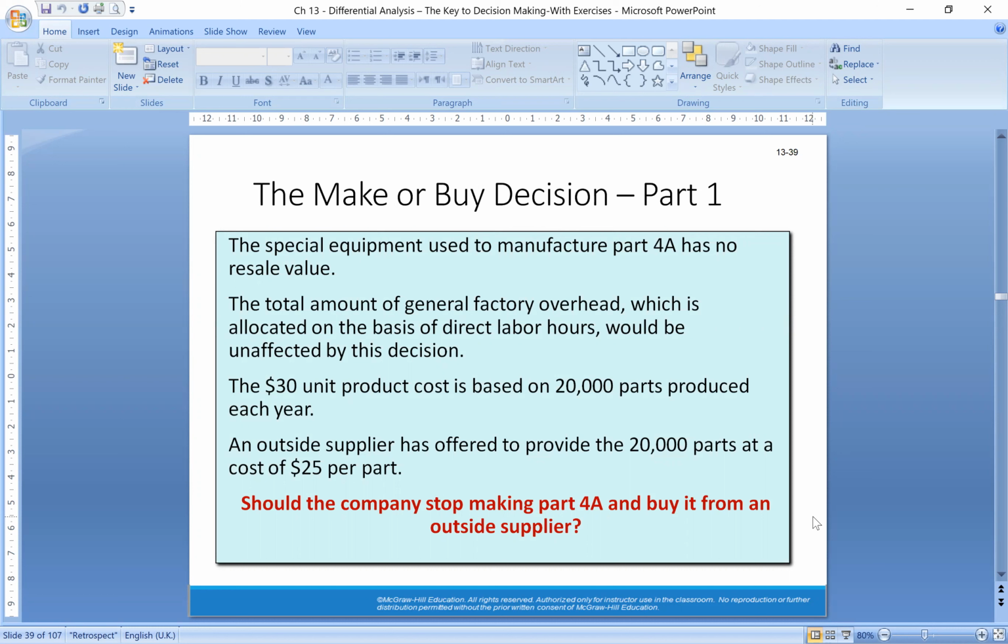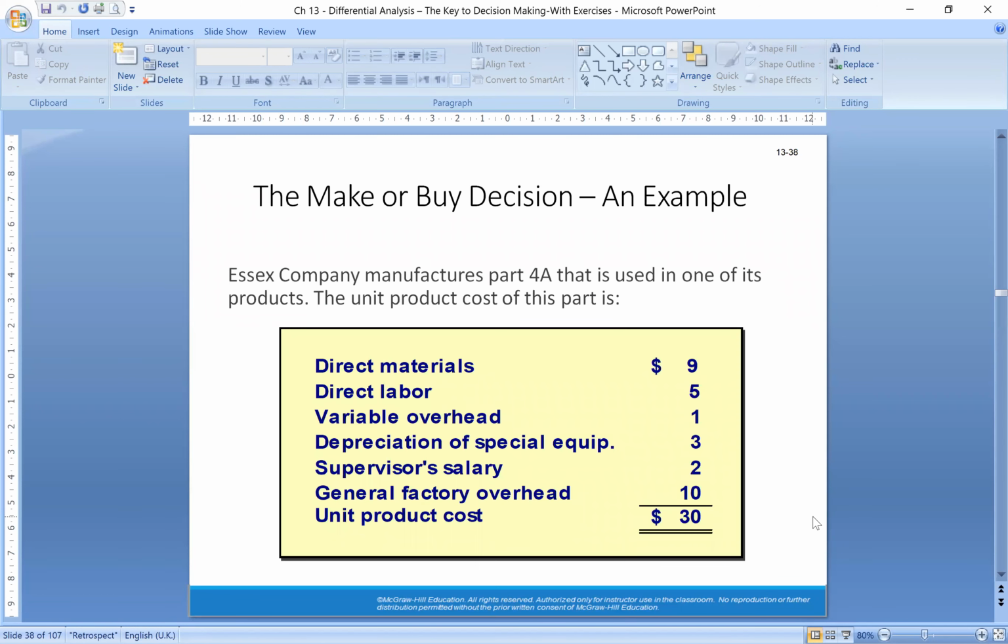The special equipment used to manufacture part 4A has no resale value, which means, go back to the question, the depreciation for the special equipment is irrelevant. What does irrelevant mean?